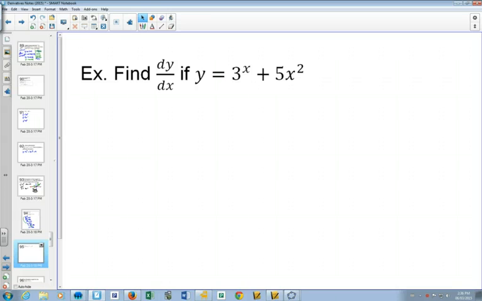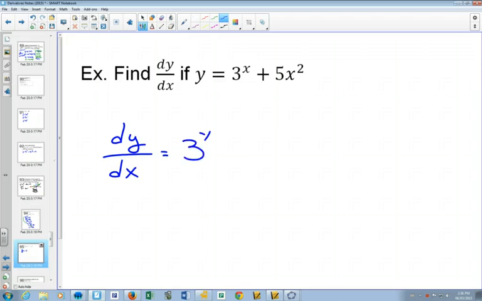So now we can apply this to a question. Any exponential will stay the same times the natural log. Can you see that that will work for natural log of e as well? I'll show you that in a second.